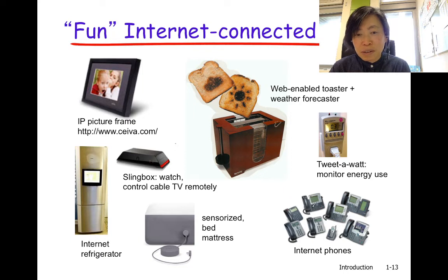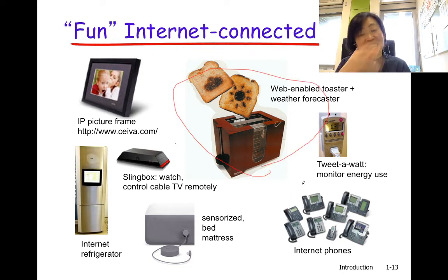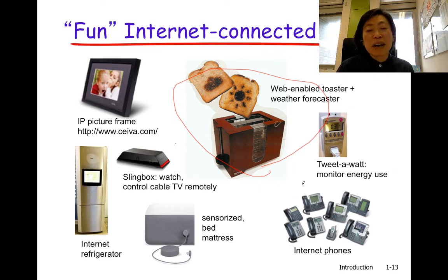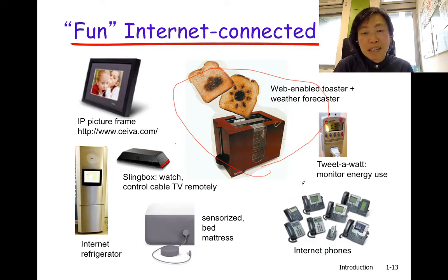Look at this toaster. It's connected to the internet. The way it works is this: when you get up, you drop a toast into the toaster. When it's done, the toaster is going to imprint the weather of the day.